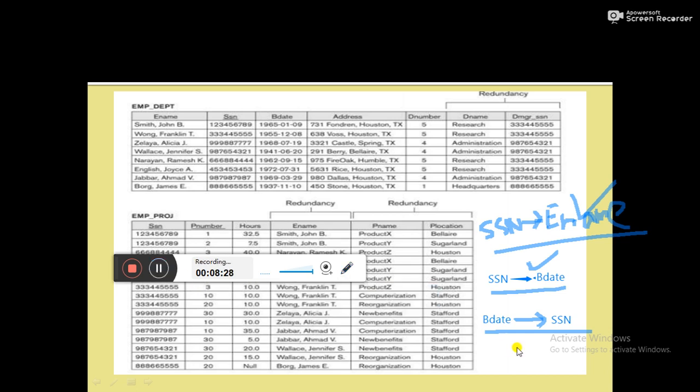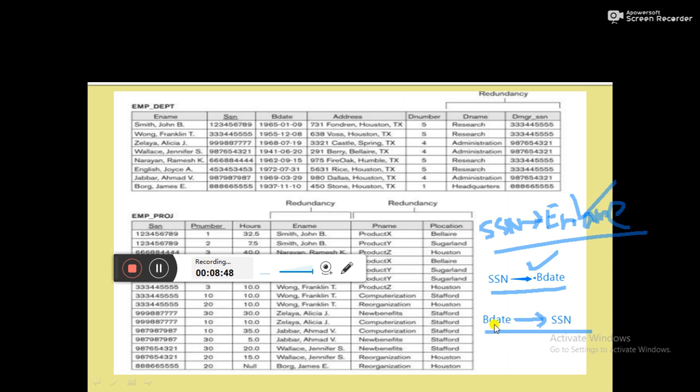In the real world, what happens? More than two employees may have the same birthday. For example, employee X has a birthday on 5th January, employee Y also has a birthday on 5th January, and suppose employee X's SSN is 1 and employee Y's SSN is 2.